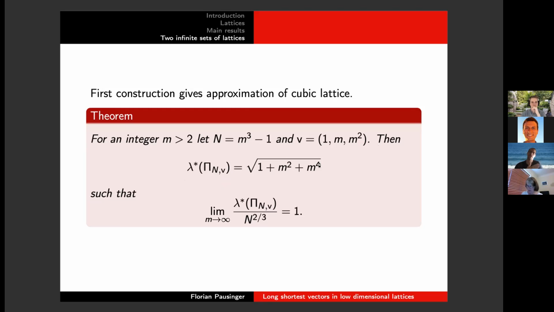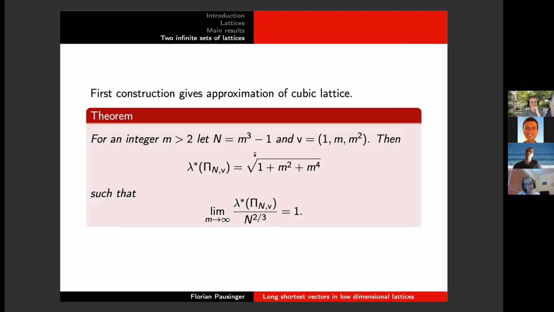We know from the lemma I have shown you in the beginning how this point set can be generated. It's basically the vector 0, 0, n, 0, n, 0, and the third column would be 1, m, and m squared. So it's very easy to calculate the determinant of this matrix.